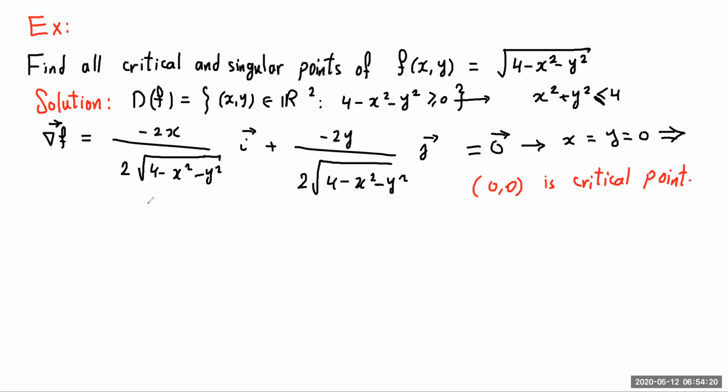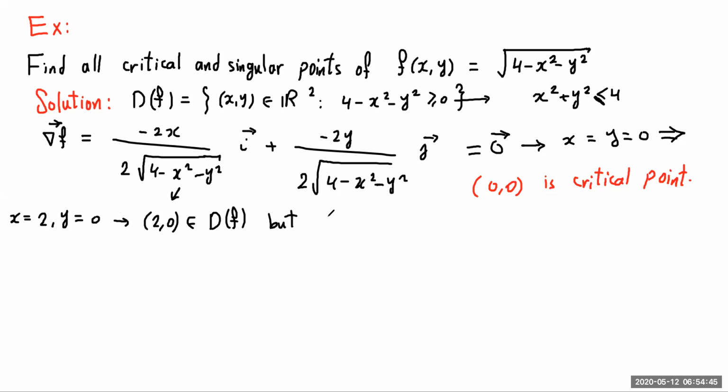Now, can we find any singular point? We remark that this term down here could be 0. For example, if x is 2 and y is 0, so this point (2, 0) exists in the domain of the function.